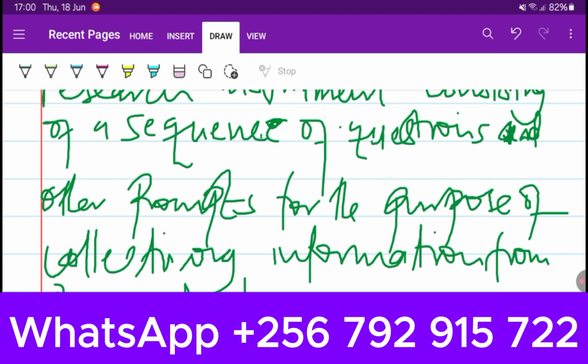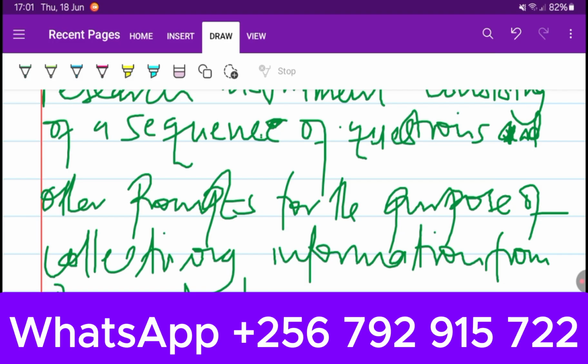For example, if you have gotten very sensitive information from a respondent, it is up to the researcher to make sure that the names of the people who have given information are not given out, depending on the nature of the information received.